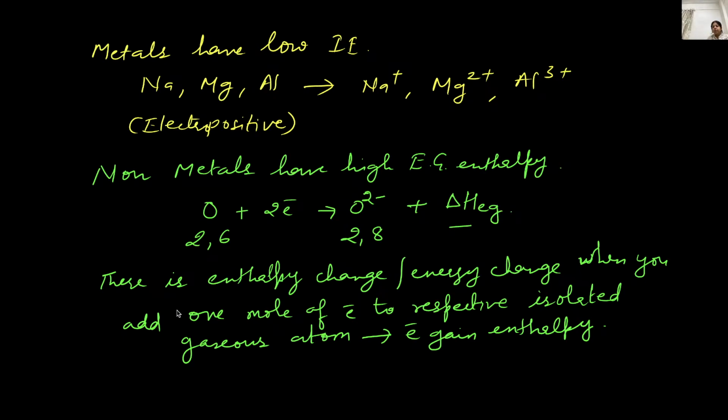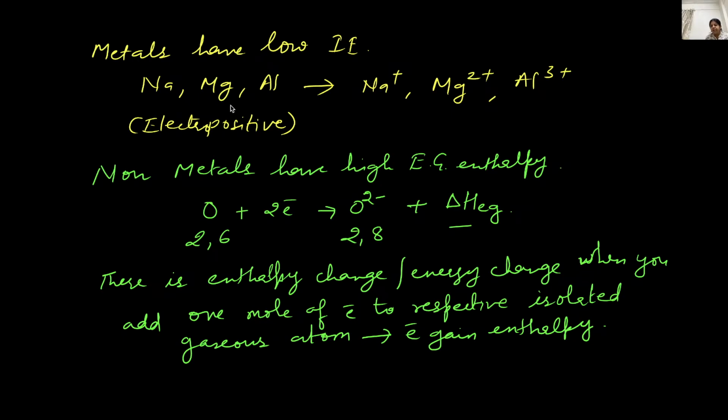Now in case of non-metals, they have a high tendency of gaining electrons. Okay, it must be high. Electron gain enthalpy value must be high. This means they should have a high tendency to gain the electron, and metals should have a high tendency to lose the electron.